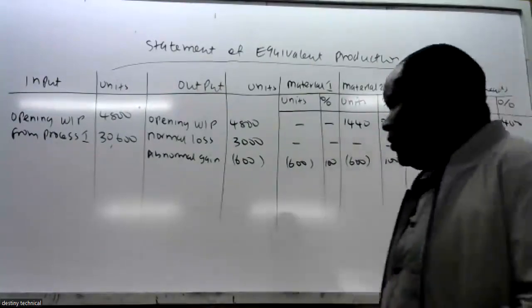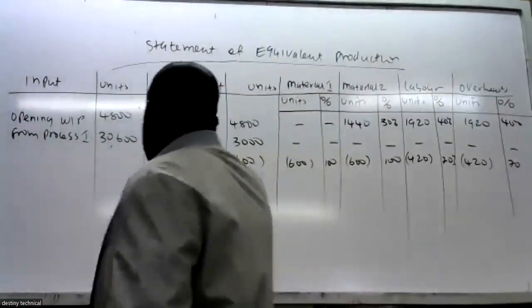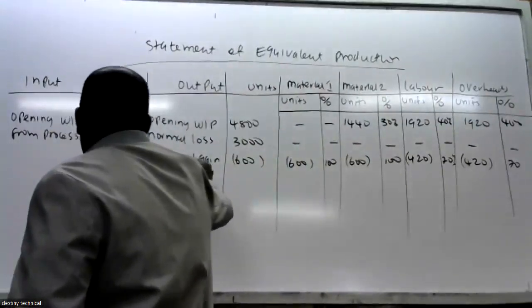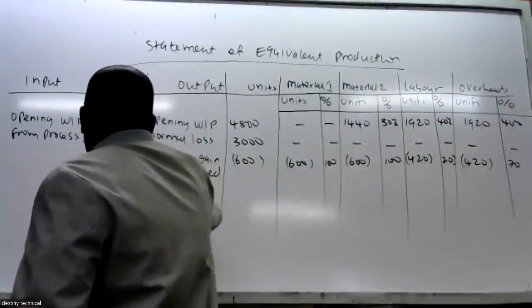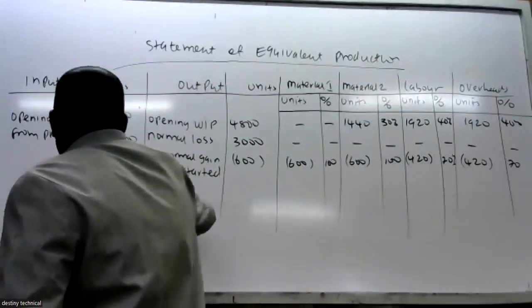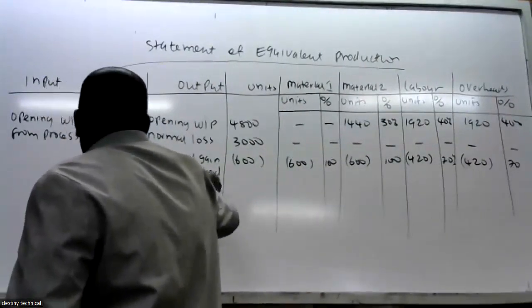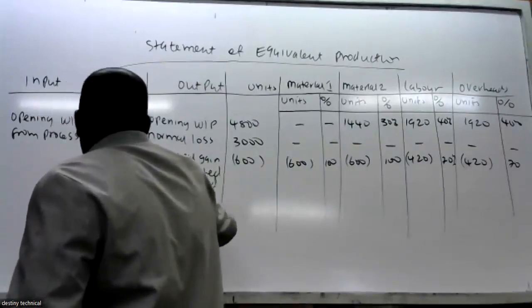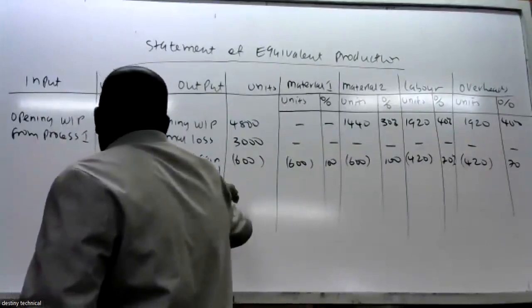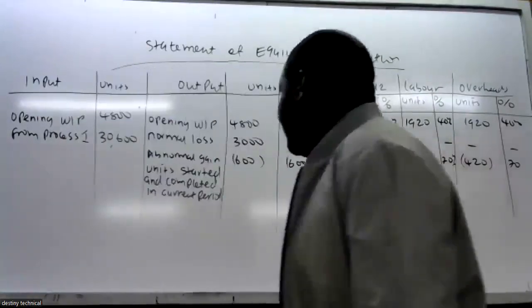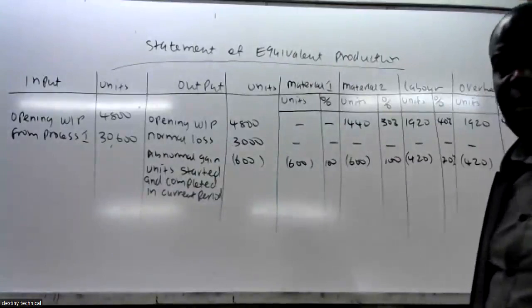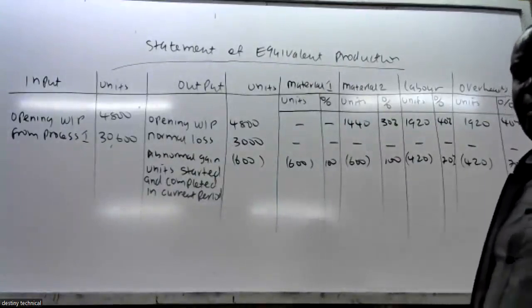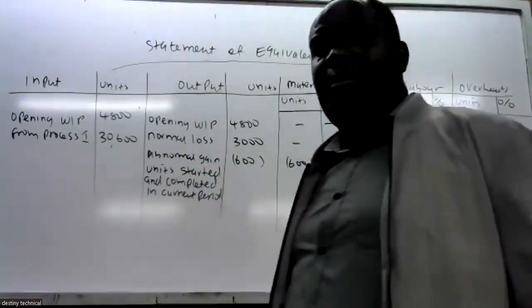Then there are also units started and completed in the current period. So we calculated this in working number 2.